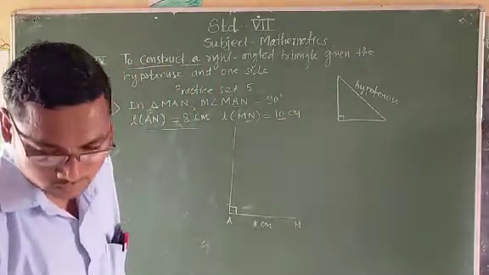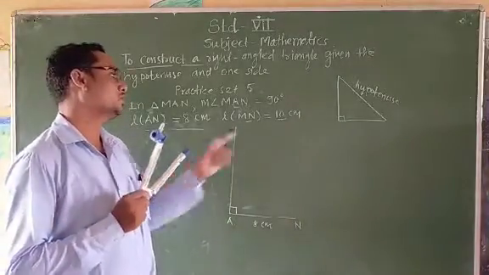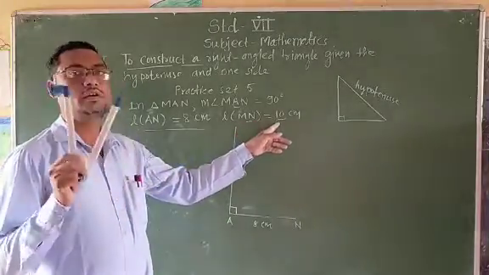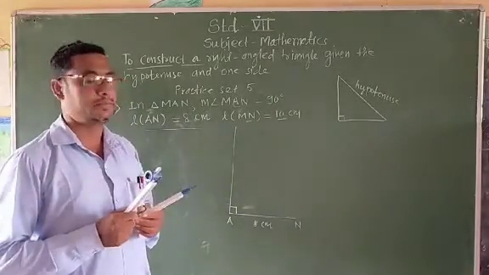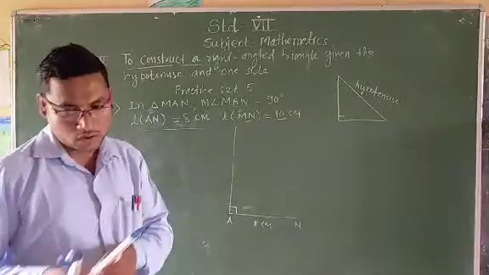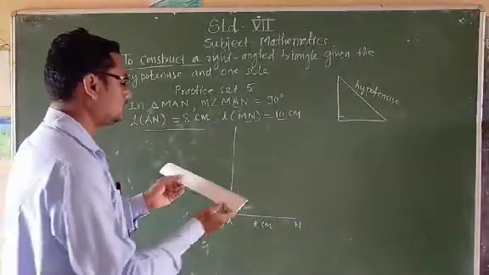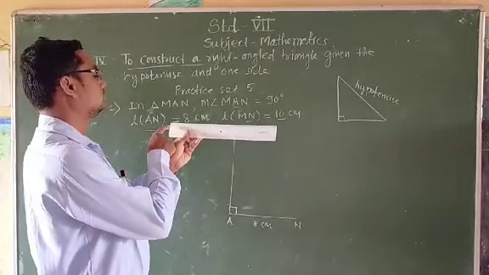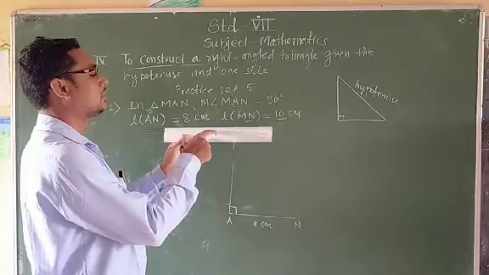So by using this compass, take the distance of 10 centimeter, means length 10 centimeter in a compass. How? Look here. 0, 1, 2, 3, 4, 5, 6, 7, 8.